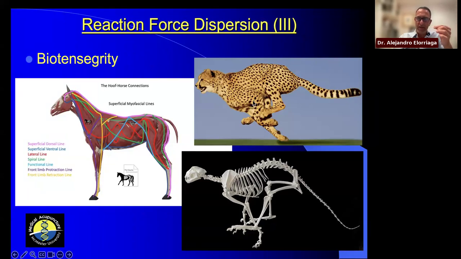Now, let me tell you, of all this design, you need something, material, to be the building block of these, let's call them lines of force dispersion.